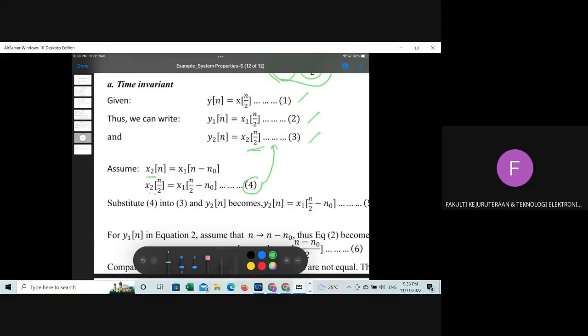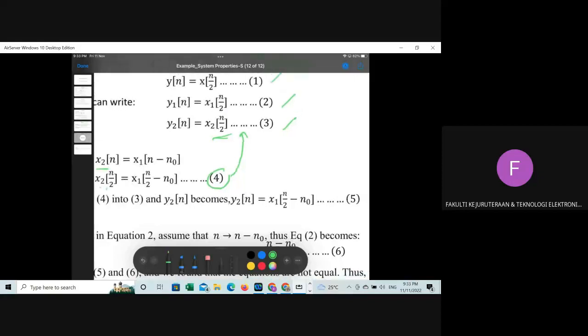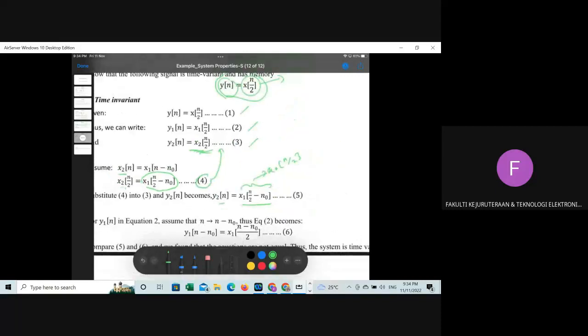You will have x[n minus 2 minus n naught]. Because x2 equals x2[n/2], substitute that. So you see that your y2[n] is x1[n/2 minus n naught].